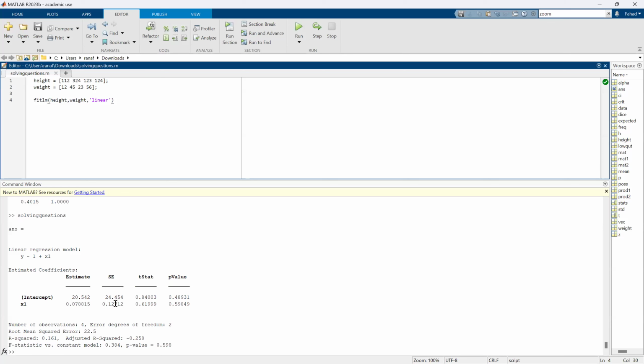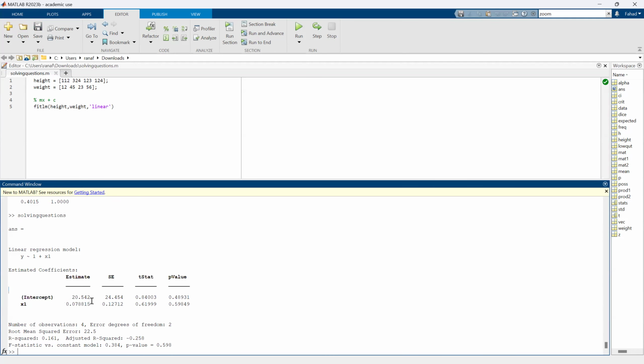Here, the most important thing is to create the equation, because he might ask you for the equation of this linear model. The formula is just the equation of any line, which is mx plus c. Forget the other columns. The estimate column is the only one you'll need.